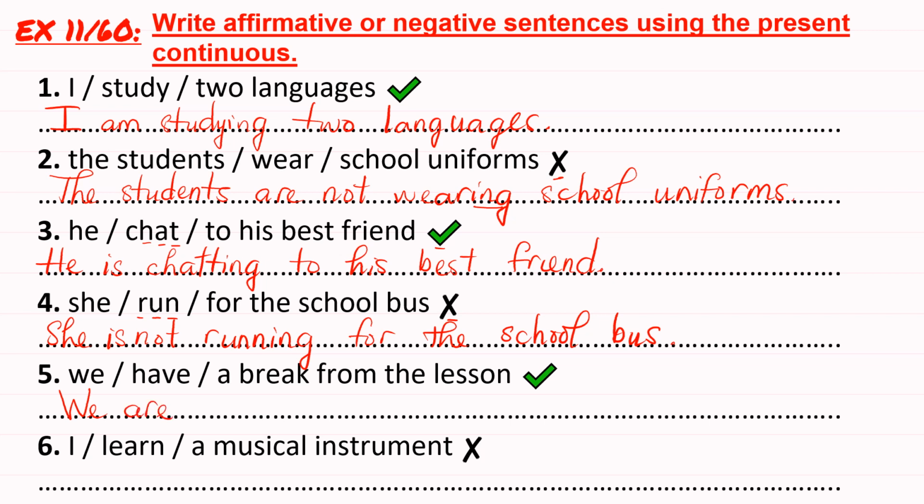We are having, and the verb have, and with the letter E. So before we add ing to the verb, we have to remove the letter E. So we write like this, having. We are having a break from the lesson.